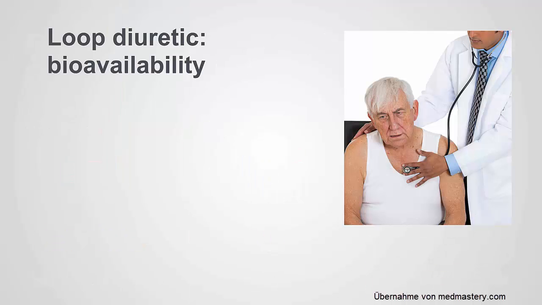Let's go back to the bioavailability and talk about what the implications are for patients. So here's a patient case. This is a gentleman with a known history of heart failure. He's been taking his medications regularly, but despite that, he has a 30-pound weight gain over the last month. And today, he was unable to put on his regular shoes and is forced to wear his slippers. He comes to the emergency room with dyspnea and shortness of breath.